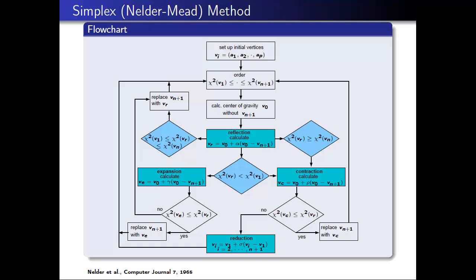So let's say it's a triangle, and one of the vertices is going to have the highest chi-squared. You look at the other 2, which span a line, and you get the center of gravity between those 2 vertices. And you reflect. You find out where that center of gravity is, and you flip that triangle.